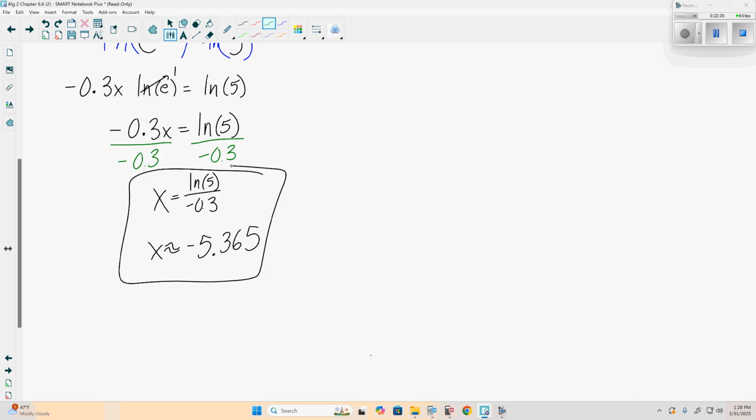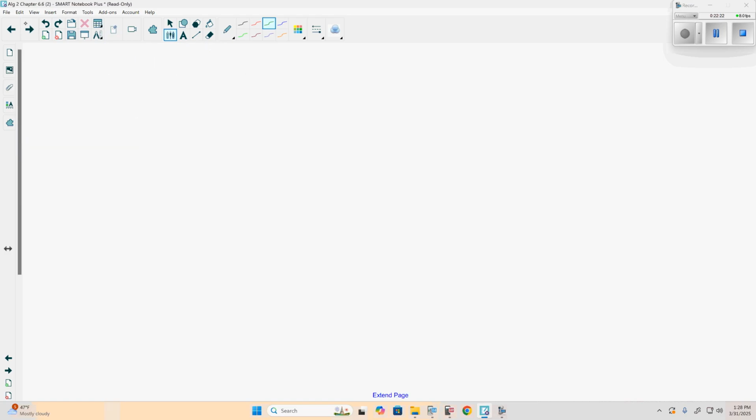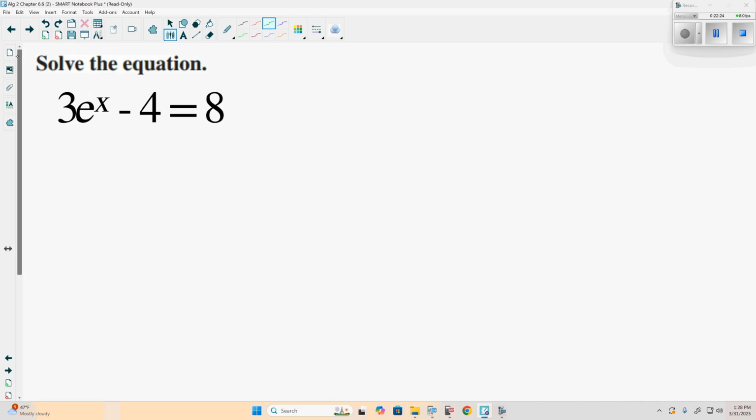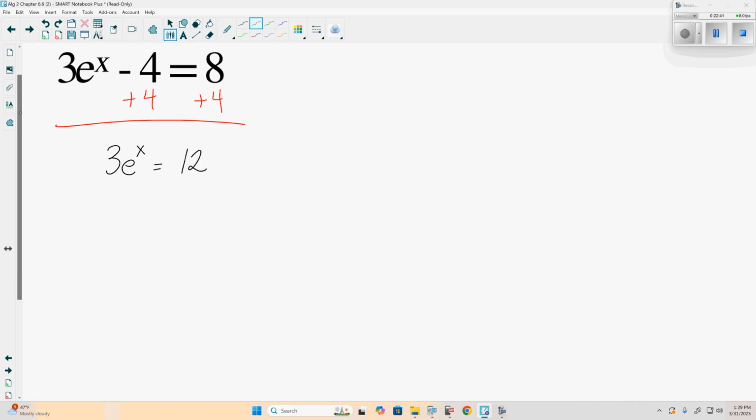We ready for the next one? 3e to the x minus 4 equals 8. Since there's not one term on both sides, we can add 4 to both sides. Telling us that 3e to the x is equal to 12.